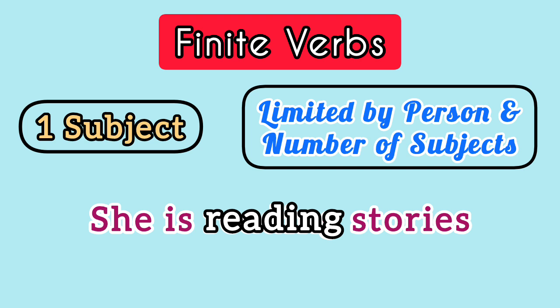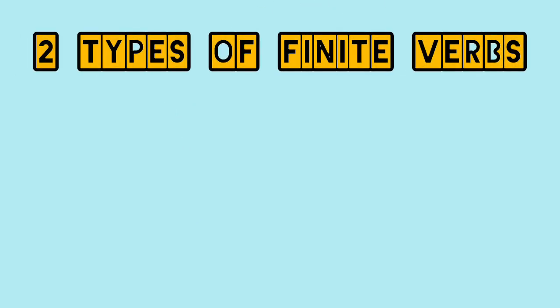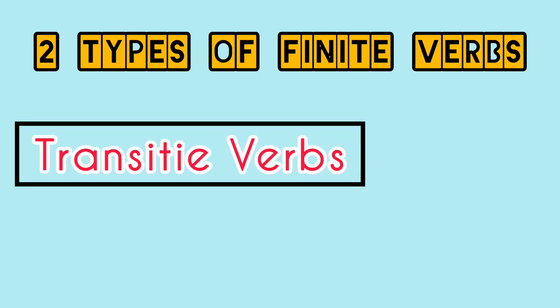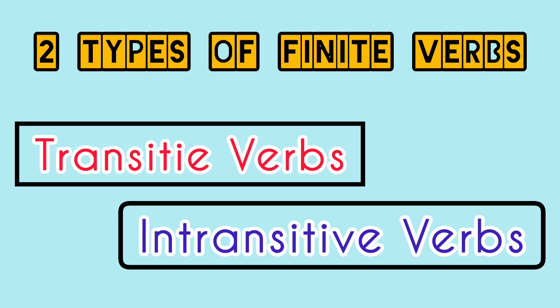And we must know that a finite verb is of two types. These are transitive verb and intransitive verb. Now, we'll discuss the transitive verb and intransitive verb very shortly in this clip.